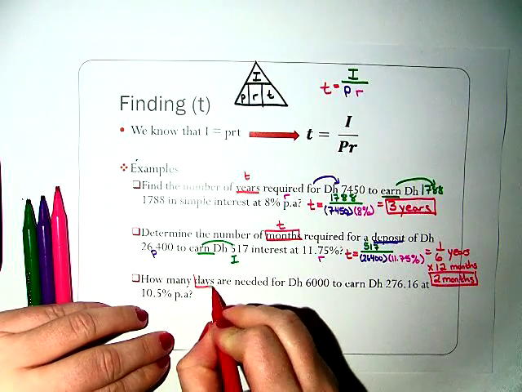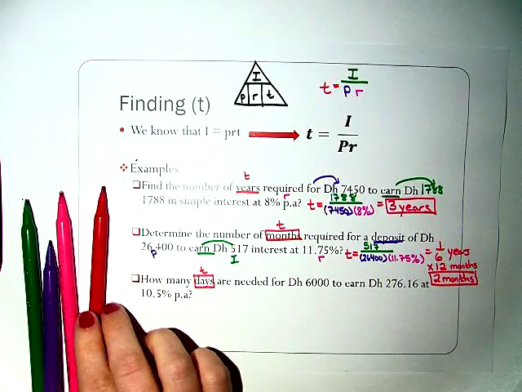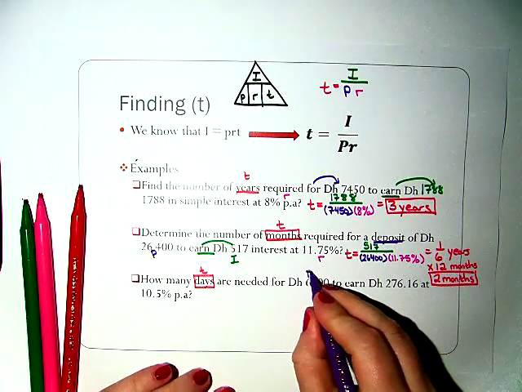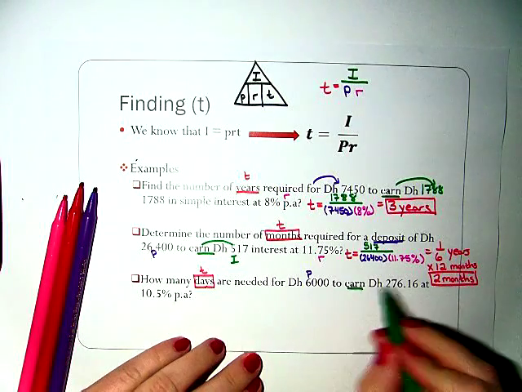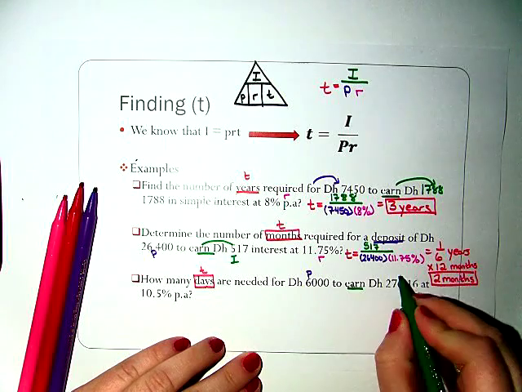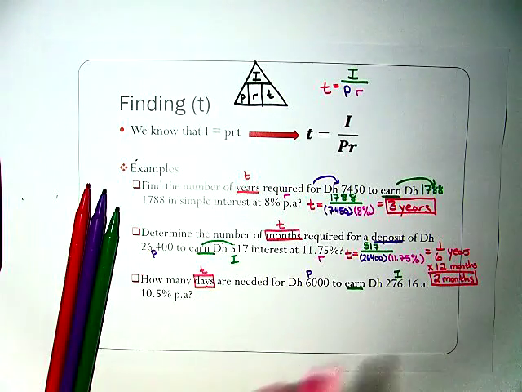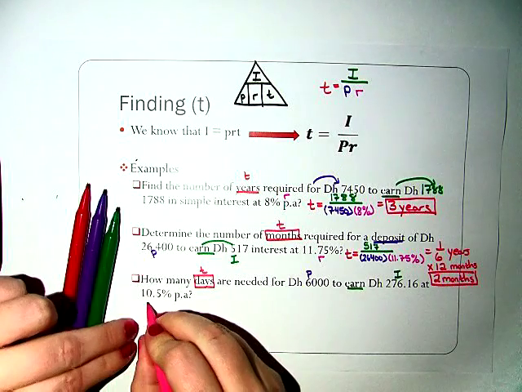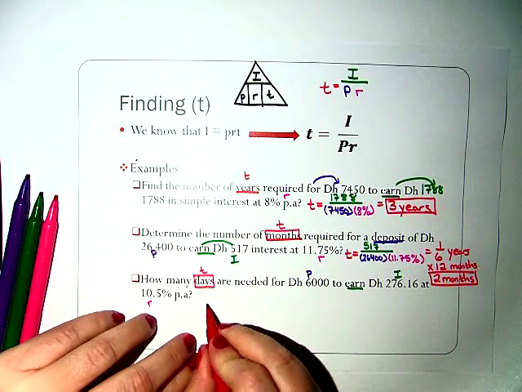How many days are needed for 6,000, so that's my principal, to earn, there's that key word again, earn, 276 dirhams and 16 fils, so that's our interest, at 10.5% per annum, so that's my rate. So once again, I'm going to set it up just as I have the others.